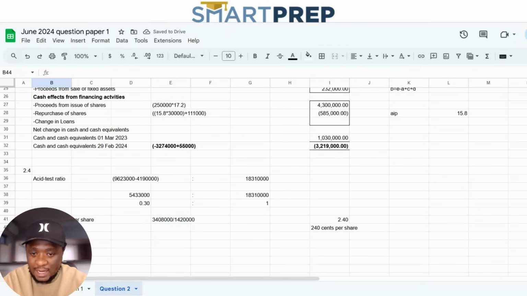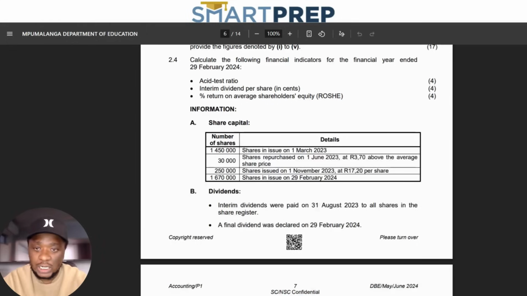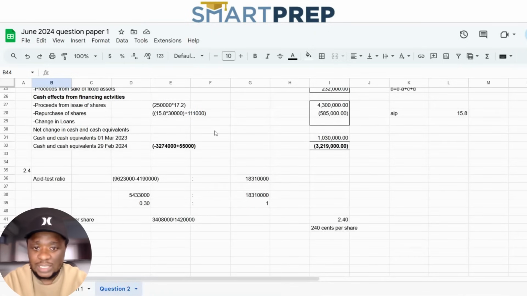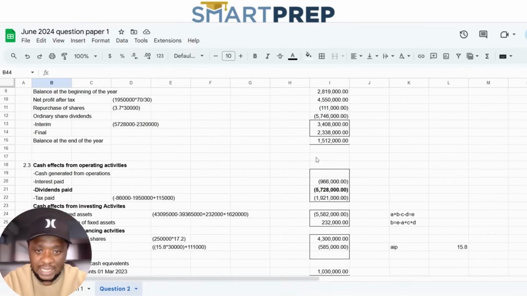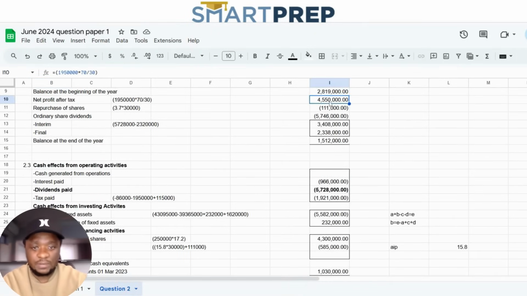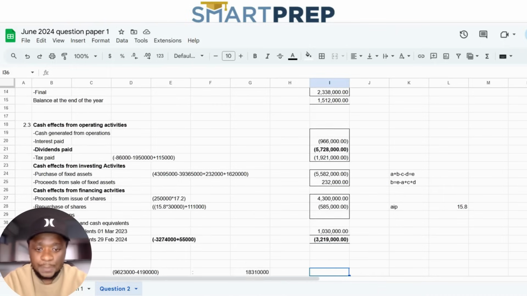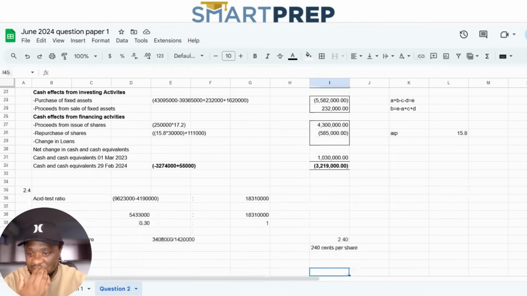All right, and then we look at the next ratio to calculate, which is return on average shareholders' equity. So there we basically just take our net profit after tax. Remember, we have this net profit after tax that we already worked out here, and then we'll divide by average equity.